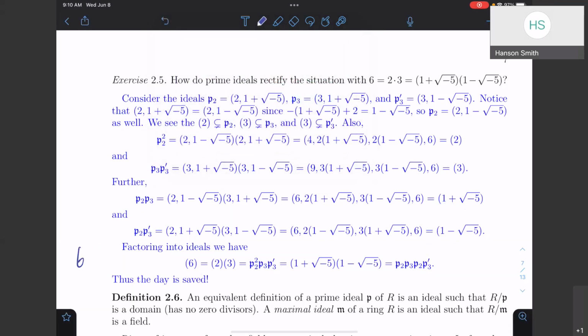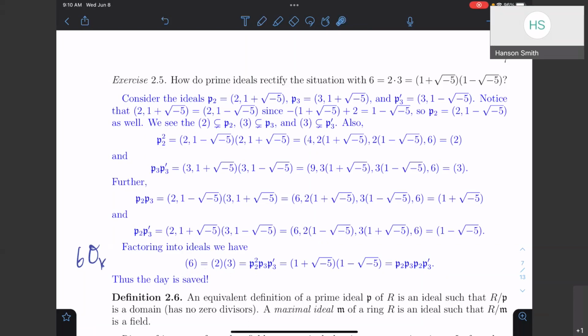Sometimes you'll also see 6 O_K, for example, right here, which makes sense. It's 6 times every element of O_K, and that gives me my ideal. And so once I factor this out as ideals, I have this as the ideal 2 times the ideal 3. Again, with principal ideals, ideal multiplication works how we might naively wish it would work. We can just multiply the generators.